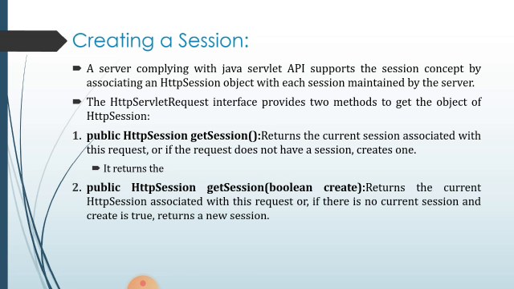For creation of a new session ID, getSession(boolean create) is used, so a new session ID will be created with the help of this method. Okay, so these two methods are in the HttpServletRequest object to handle the session.